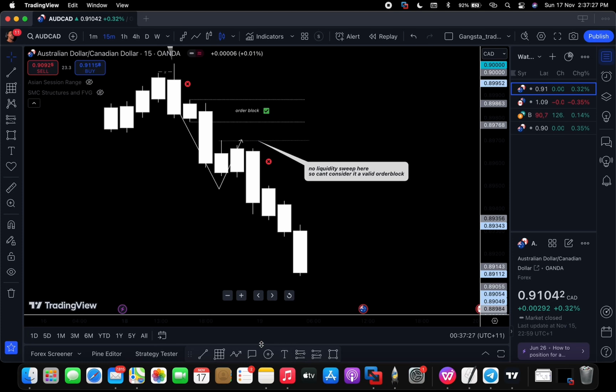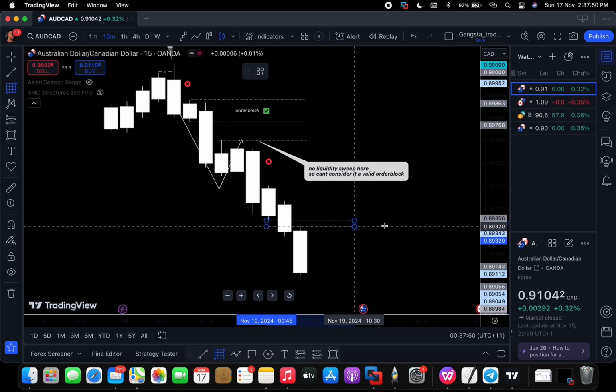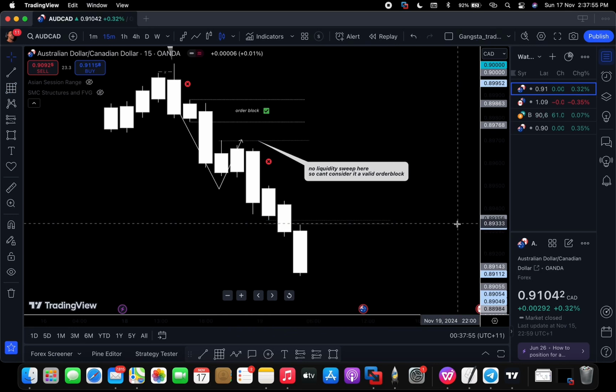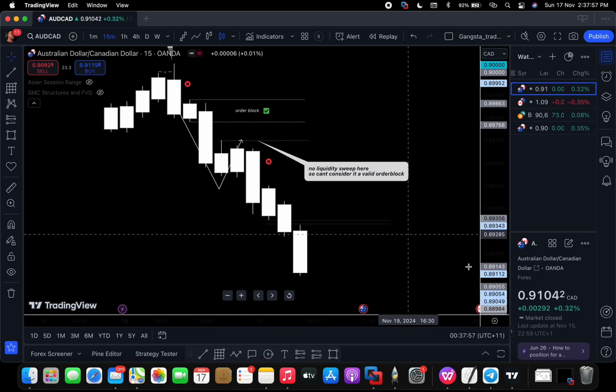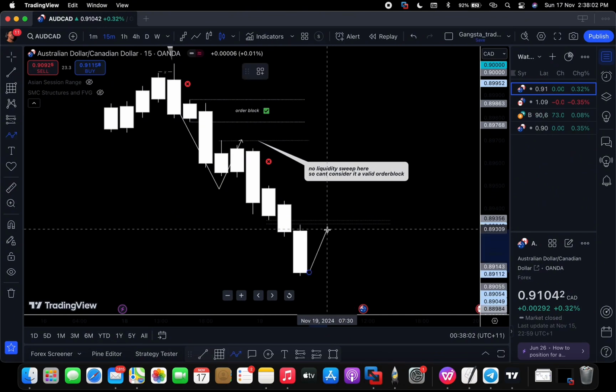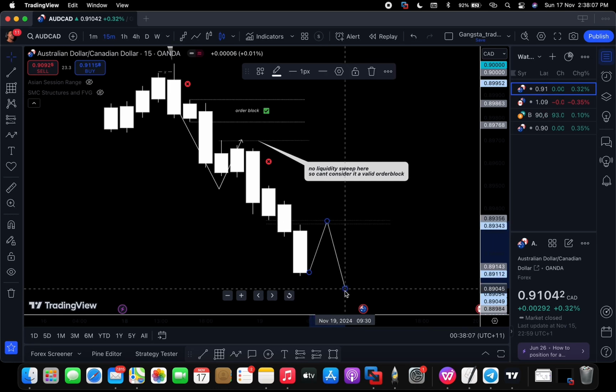I said that by identifying imbalance, there has to be an unhealthy movement, and you identify that by dragging the low of candle A, then extending it to candle C, which is the third candle. So there's actually imbalance here, right? So we can equally just anticipate price to move into this zone, into this imbalance here, fill it, and continue to the downside, right?